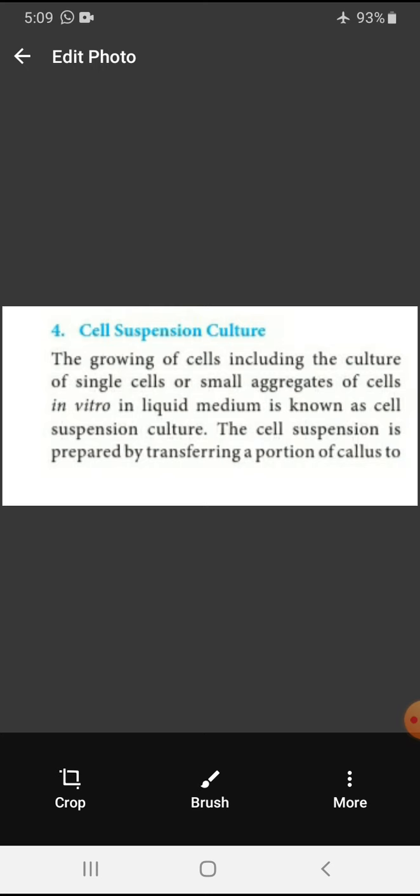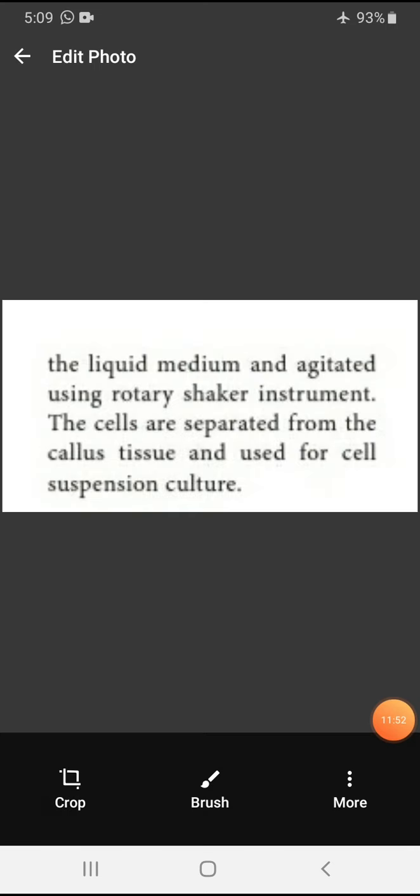So what is cell suspension culture? The growing of cells, including the culture of single cells or small aggregates of cells in vitro in liquid medium. We can note that it is the liquid medium that is known as cell suspension culture. The cell suspension is prepared by transferring a portion of callus to the liquid medium and agitating it using a rotary shaker instrument.